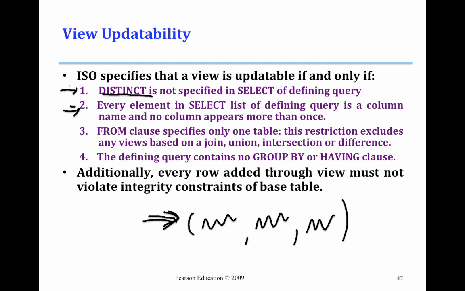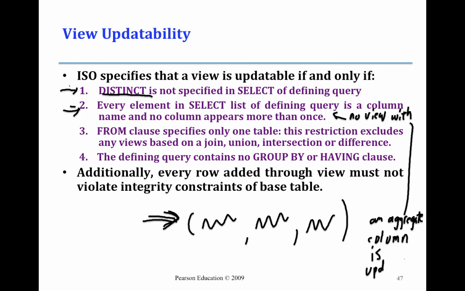So what this says is no view with an aggregate column is updatable. That makes sense because for that aggregate, you would be inserting an aggregated value.